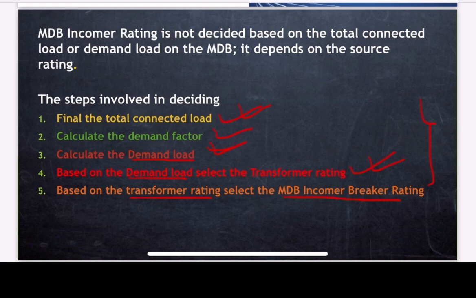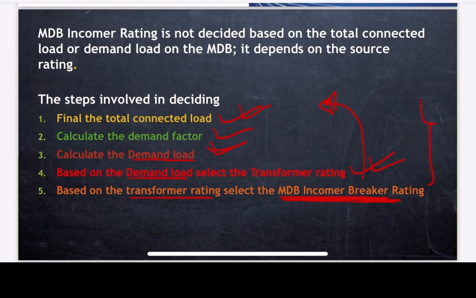I will tell you one more point here. The MDB incomer rating is not dependent on the total connected load or on the total demand load. It depends on the source rating. Based on the source rating, we calculate the MDB incomer breaker rating. Of course, indirectly the transformer rating calculation depends on the total connected load, the demand load and the demand factor.